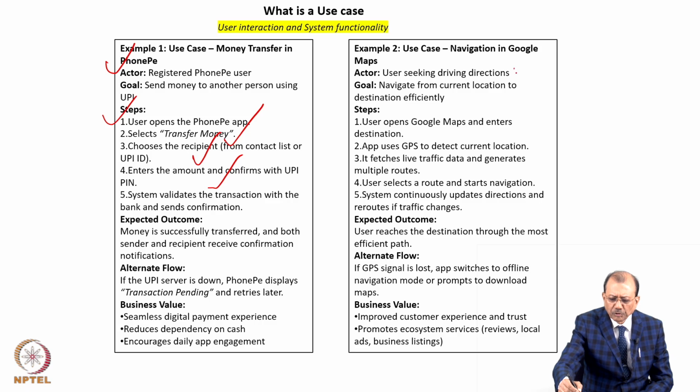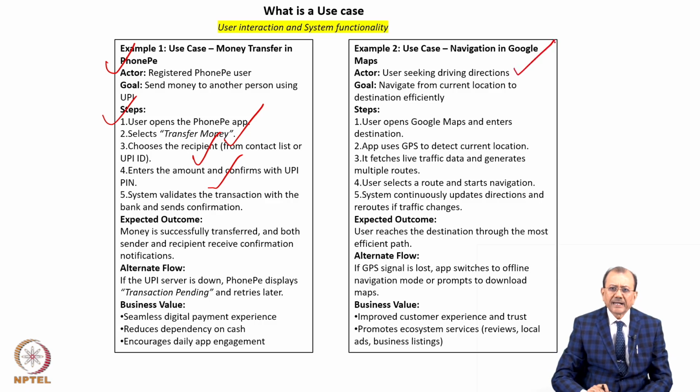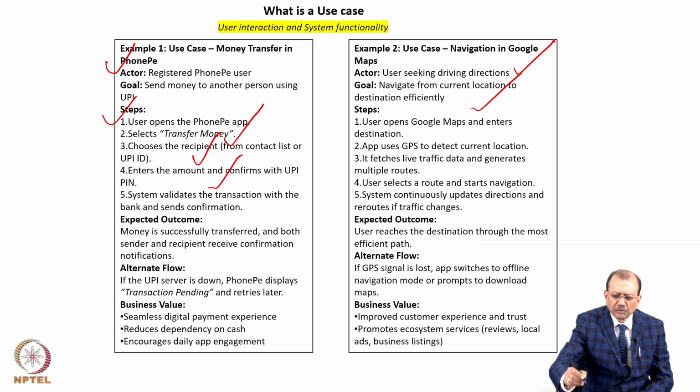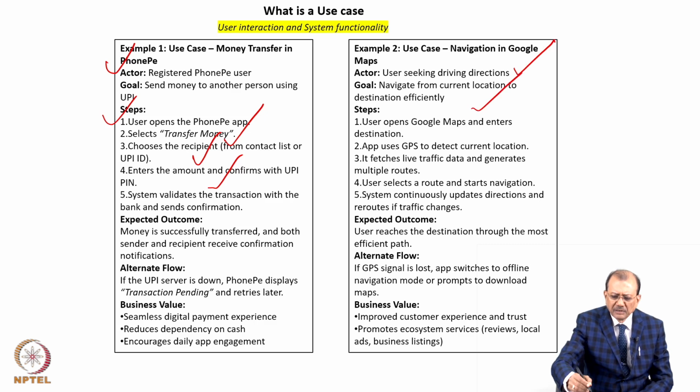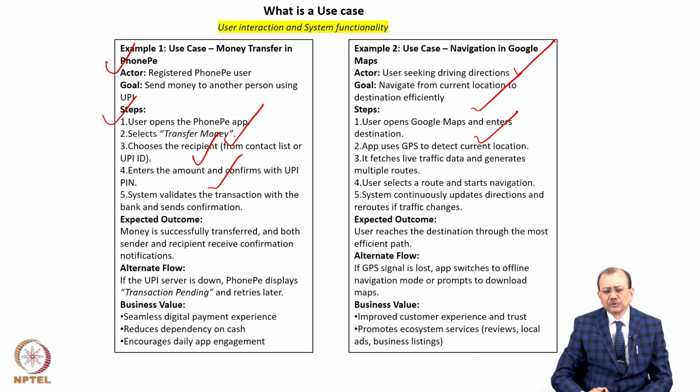Similarly, in the case of Google Maps, if you seek directions, you open the Google Maps app and set your current location and your destination. That's all. Then Google Maps will start guiding you along the path, and if an alternative path is available, you can use that.